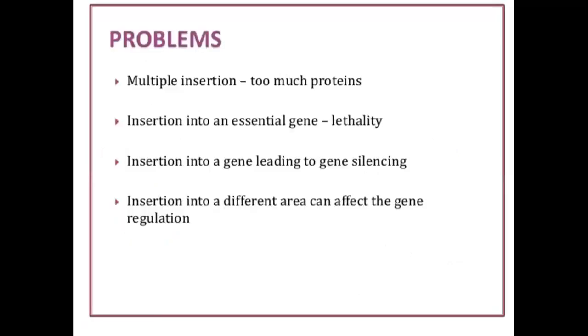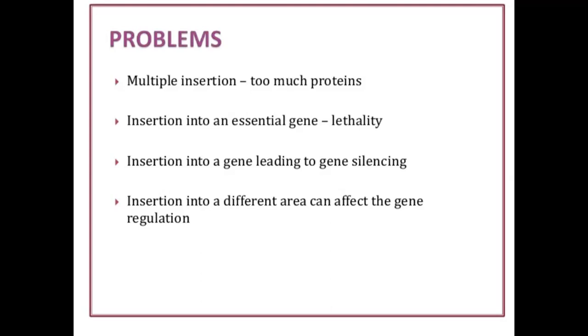There may be some problems regarding the transgenic animal. Multiple insertion may occur, so too much protein may be produced, because when we inject through microinjection there is the possibility of multiple insertion, and insertion into an essential gene, which causes lethality, and insertion into a gene leading to gene silencing.